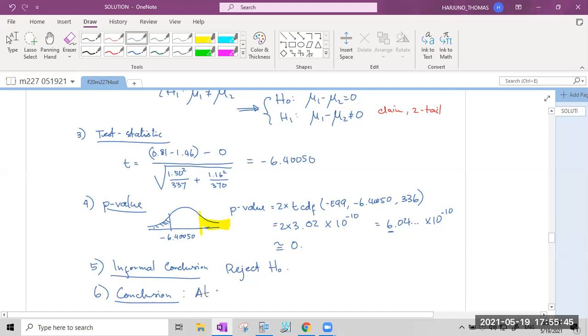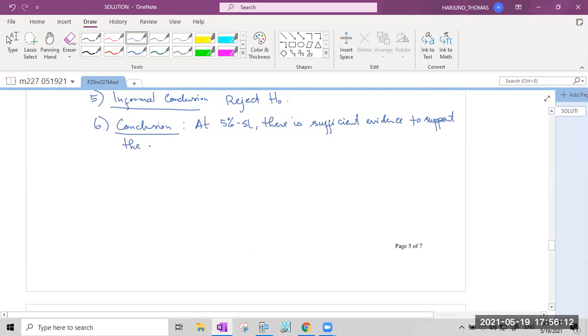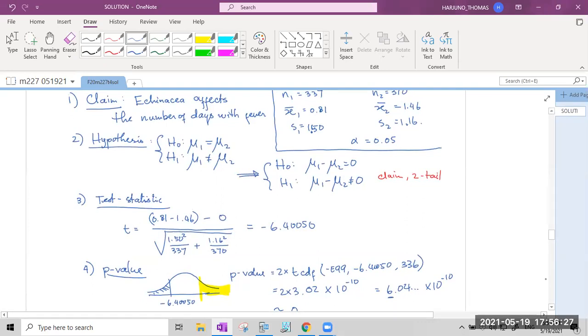At the 5% significance level, there is sufficient evidence to support the claim that echinacea affects the number of days with fever.